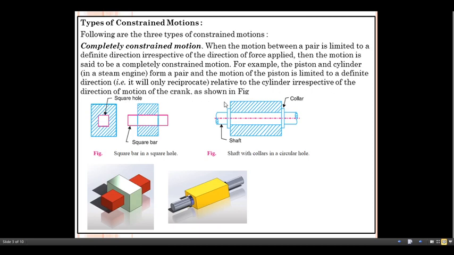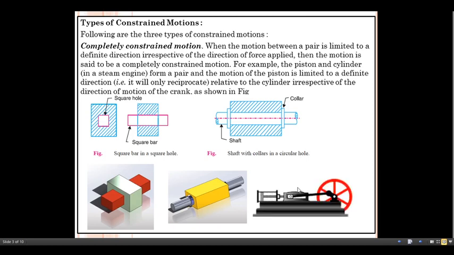the crank. Now if you look at the discussion related to that piston and cylinder, see here the piston and cylinder with us. This indicates the cylinder, piston, crosshead part, then connecting rod, crank, wheel, etc. Now as per the explanation given for completely constrained motion, when the motion between the pair is limited to a definite direction irrespective of the direction of the force applied.